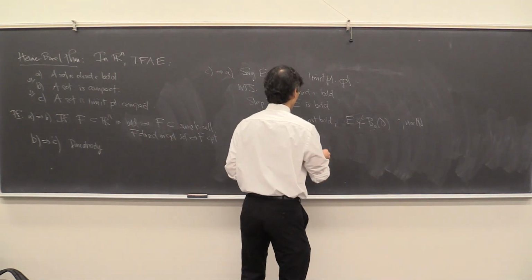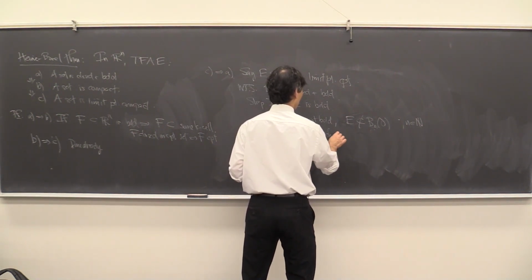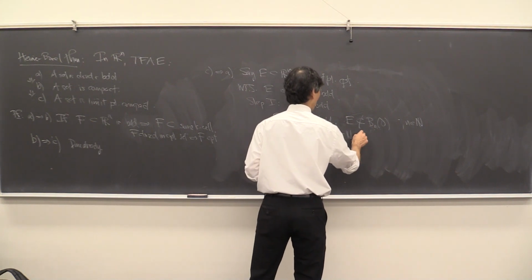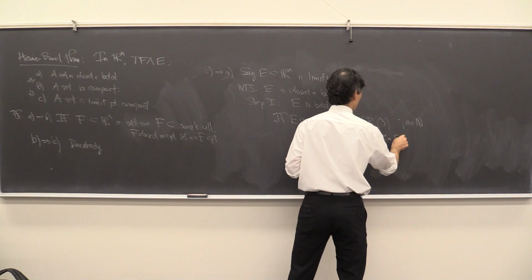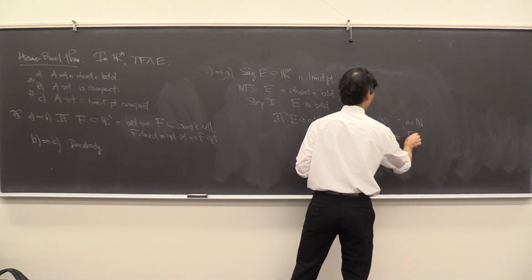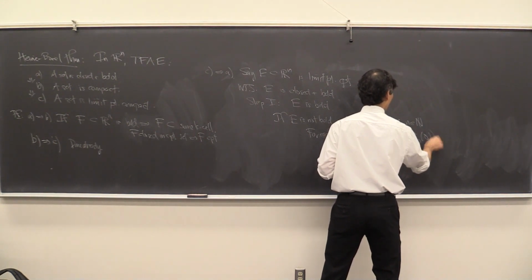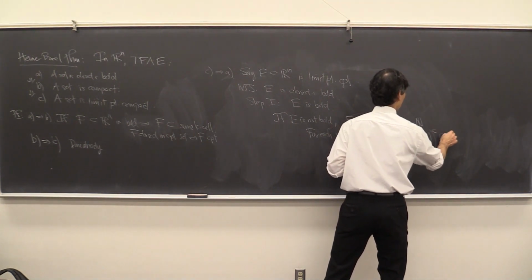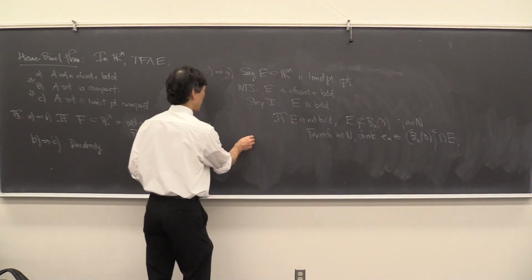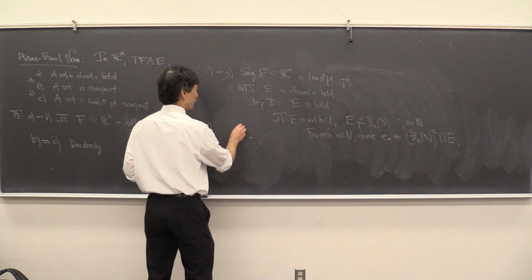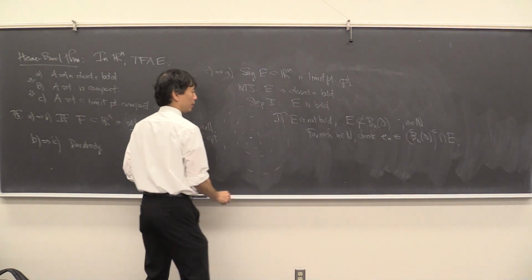Okay, so for each n, choose a point, E sub n, that lies outside of that ball, but in E. Right? So you just take the origin here and you create a series of balls of integral radii, right?